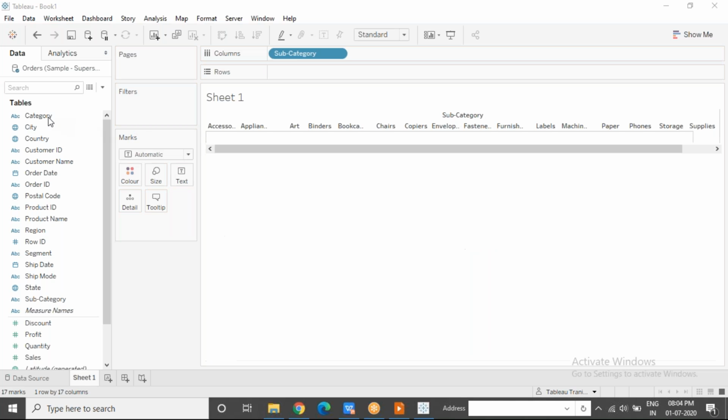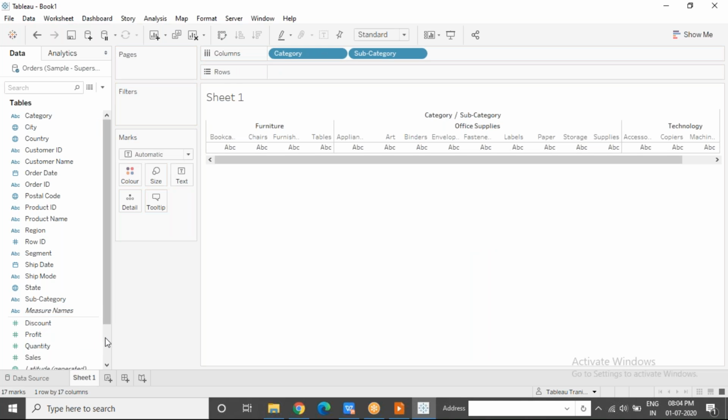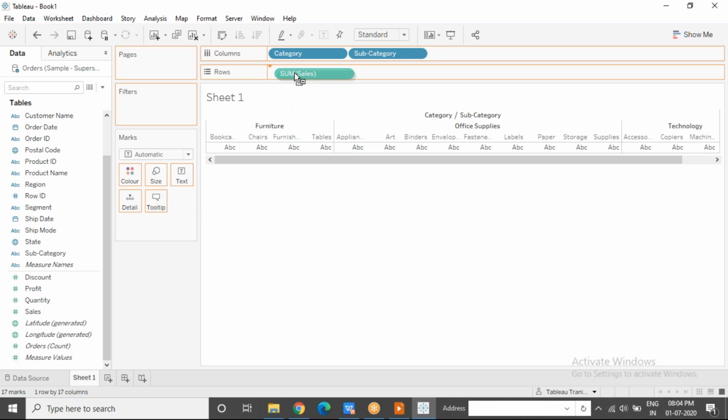So we did this example where we looked at the sales for different categories, further broken down at subcategory level.